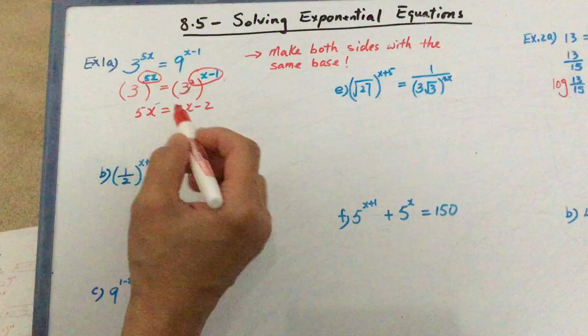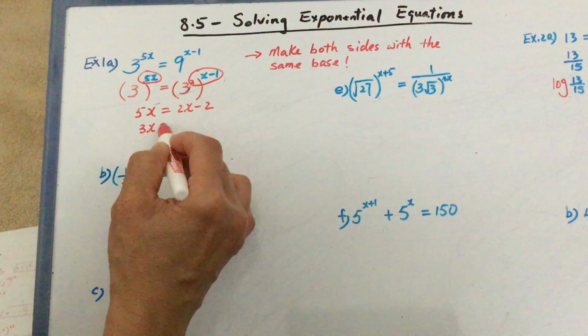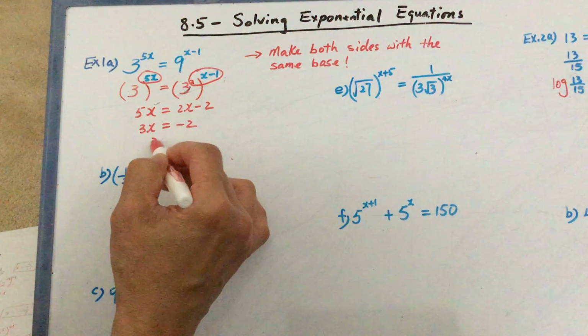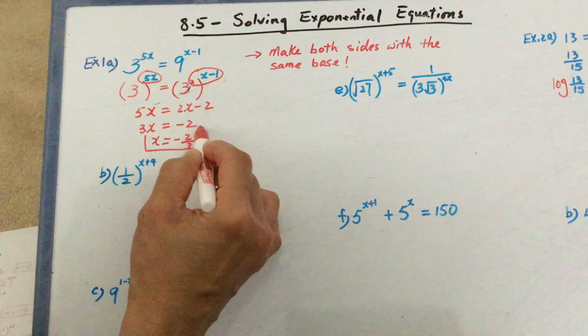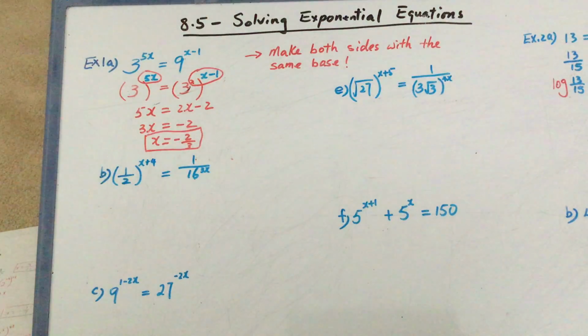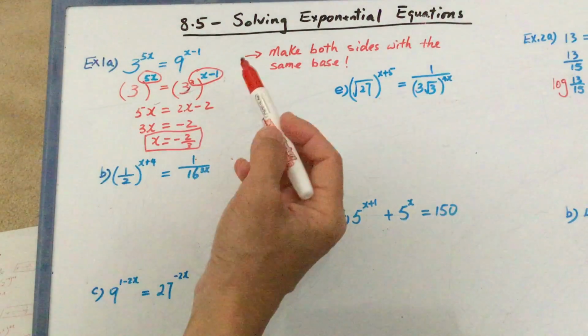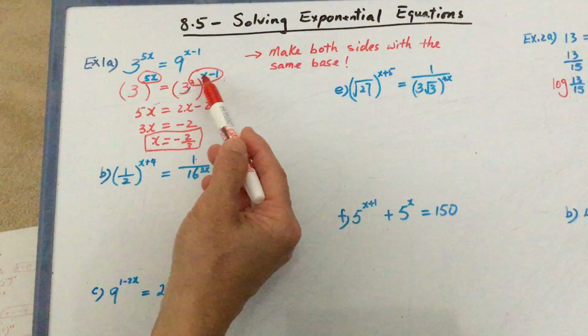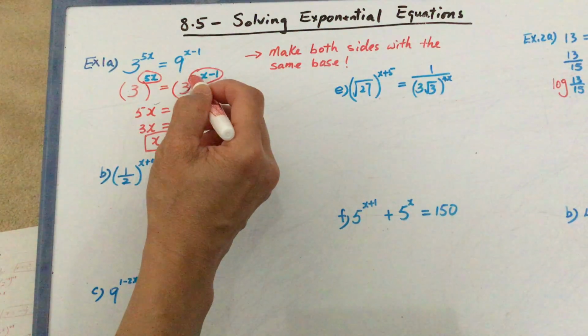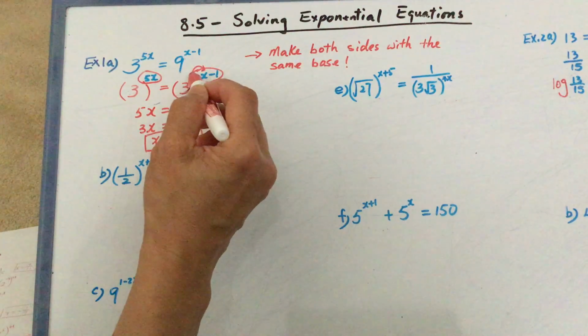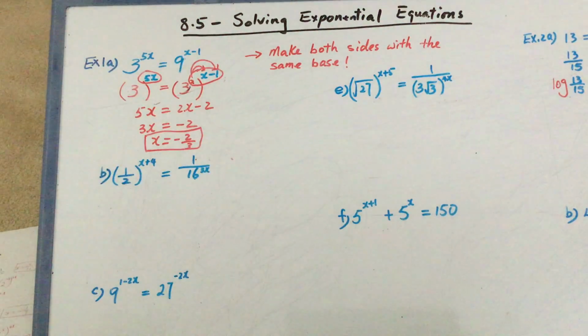Rearrange everything and you get 3x equal to minus 2, so x has to be equal to minus 2 over 3. This example is very straightforward. The only thing you have to pay attention to is that when part of the exponent is a binomial, you need to distribute this into each of the terms.